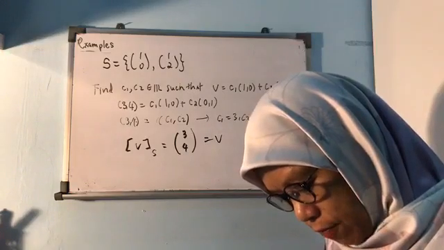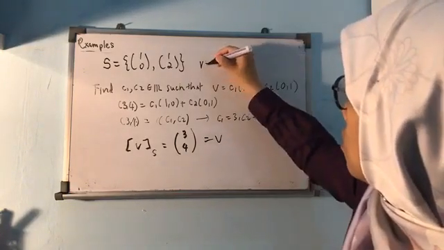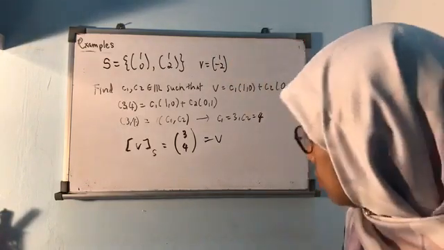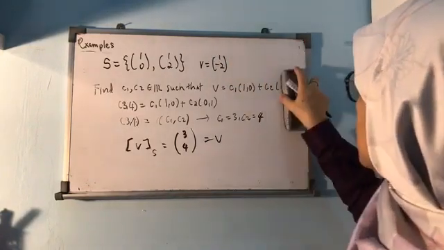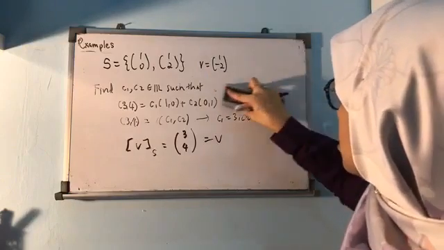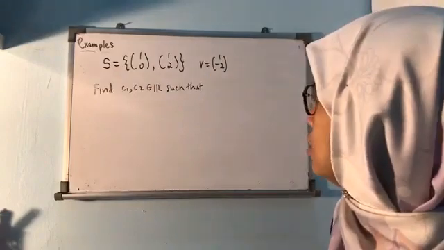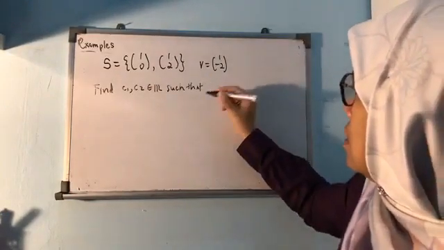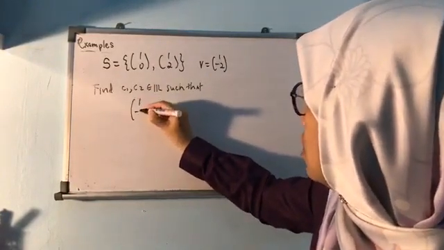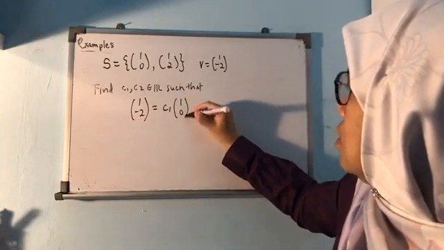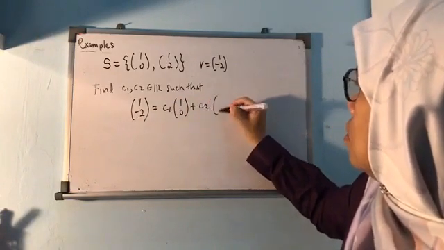Okay, and v is (1,-2), right? So we change this. Find c1, c2 in R such that (1,-2) is equal to c1(1,0) plus c2(1,2).